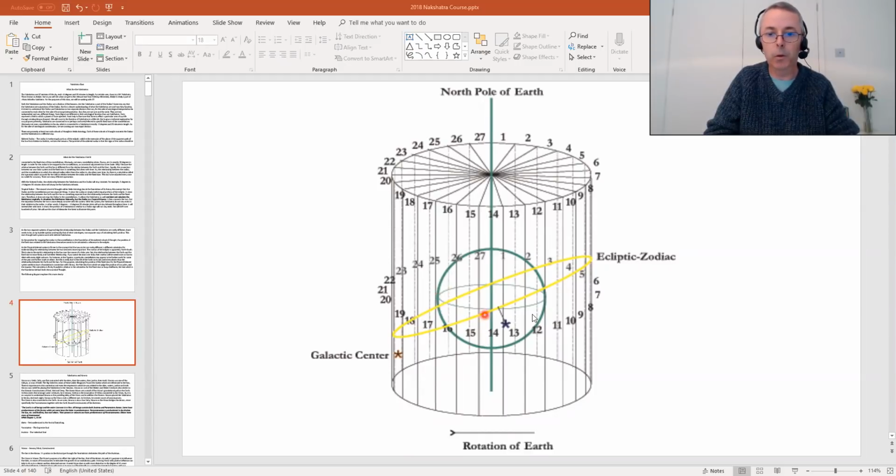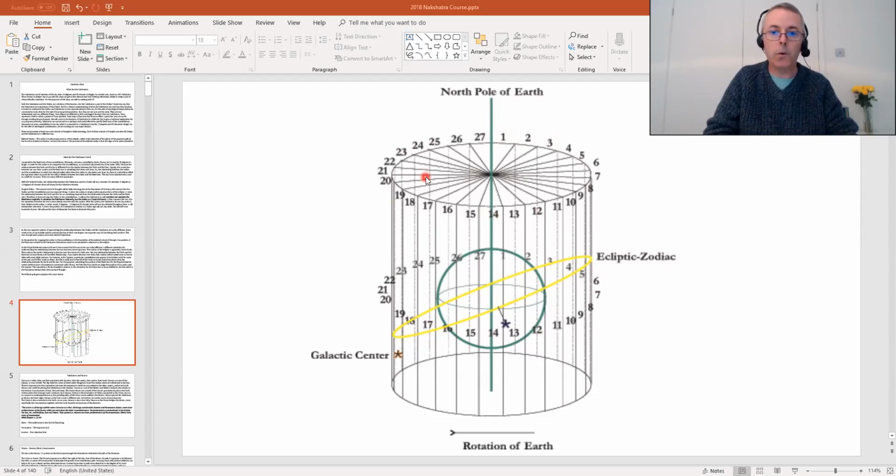This blue ellipse around the center is obviously the equator. The line going down through is the North Pole down to the South Pole. This gold circle is the ecliptic, or the zodiac. And this cylinder that you're looking at is actually 27 equal portions of the stellar sphere.